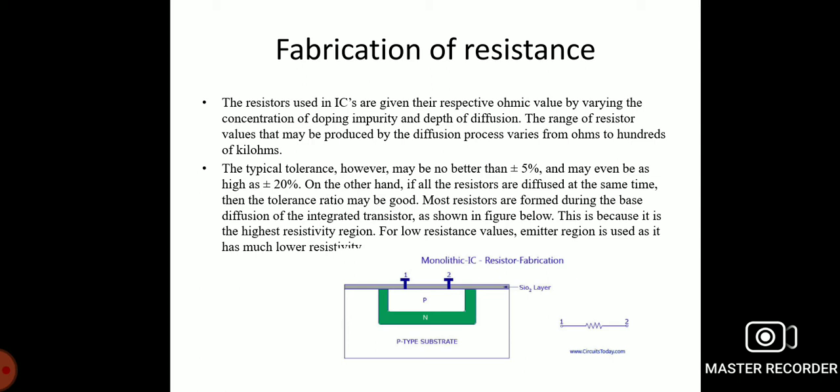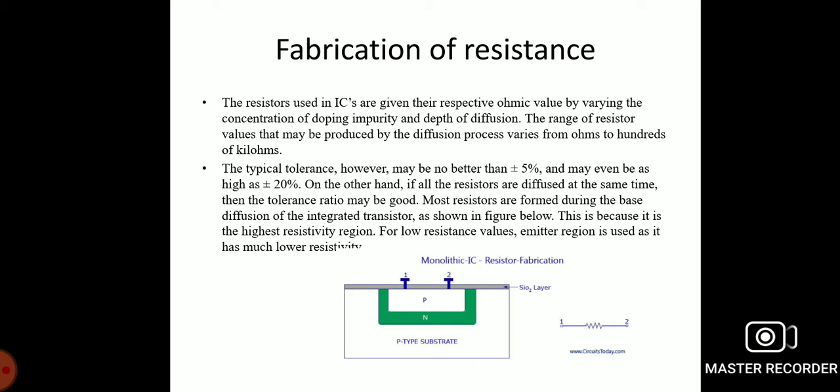So in the cross-sectional view of the thin film resistor, a sheet resistance of 40 to 400 ohms per square can be easily obtained in this method, and 20 kilo ohm to 50 kilo ohm values are very practical. The advantages of thin film resistors: they have smaller parasitic capacitance components, which improves their high frequency behavior.